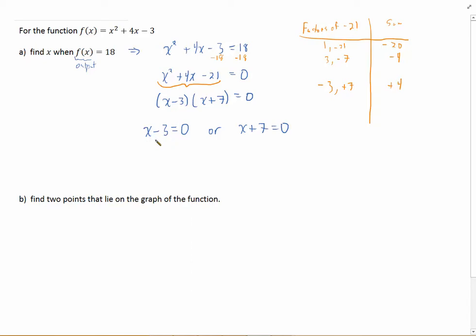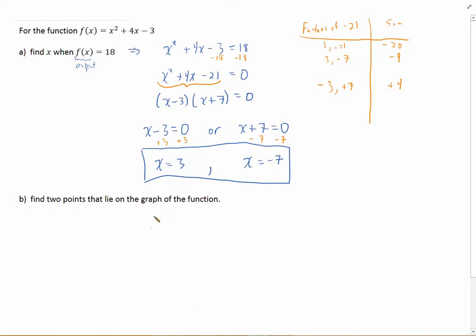So if x minus 3 is 0, adding 3 to both sides, x equals 3. And if x plus 7 equals 0, subtracting 7 from both sides, x equals negative 7. So there are two values for x that make the statement true. If x equals 3, or if x equals negative 7, f of x is 18.